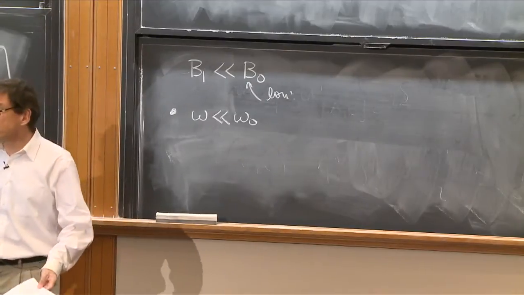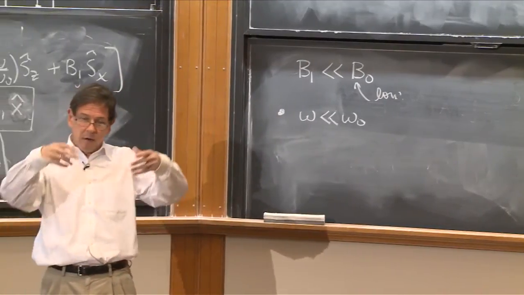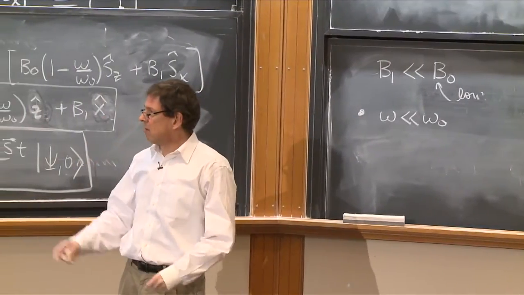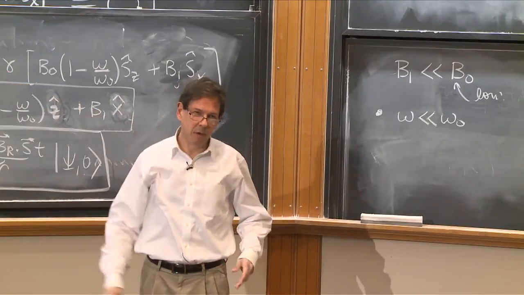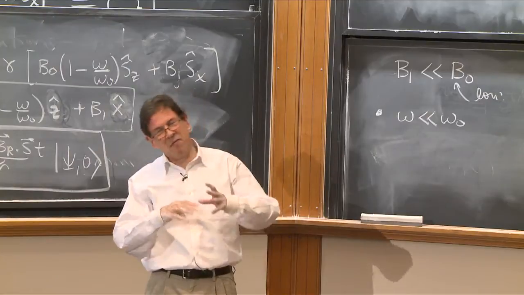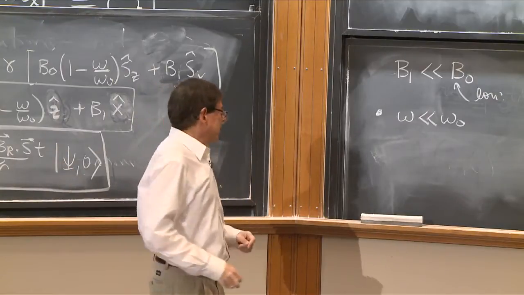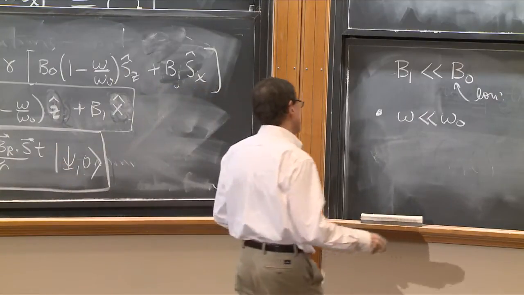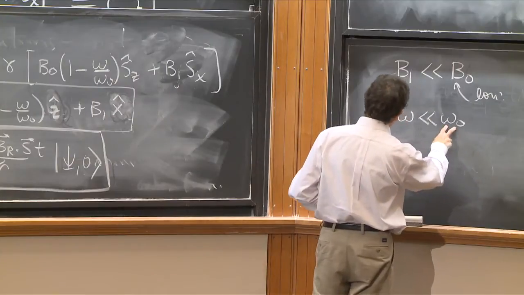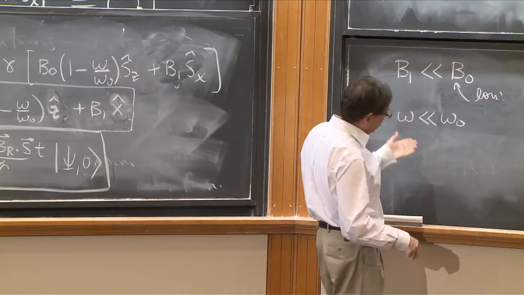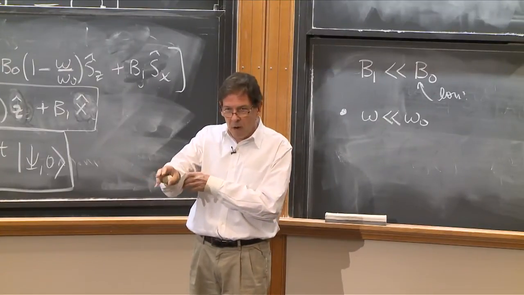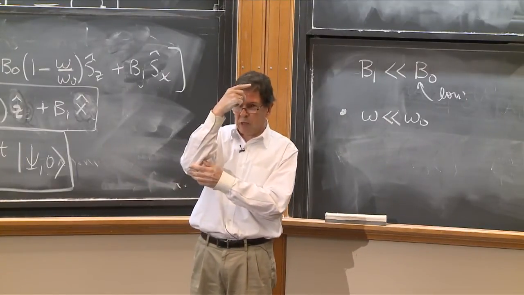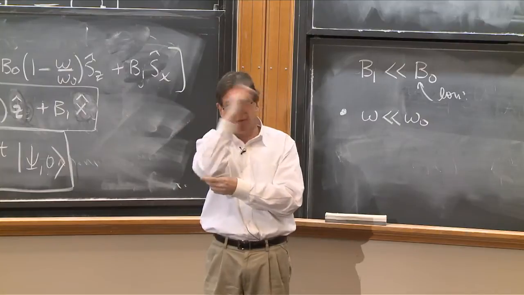You see, given B0, there is an omega 0, the Larmor one over there. And B0 is very large, so omega 0 is very large as well. So omega being very slow is reasonable. The magnetic field is rotating much slower than whatever rotation this other magnetic field would create on things.